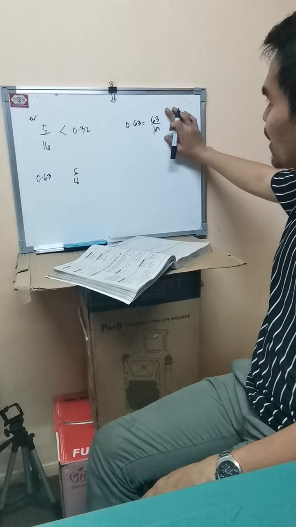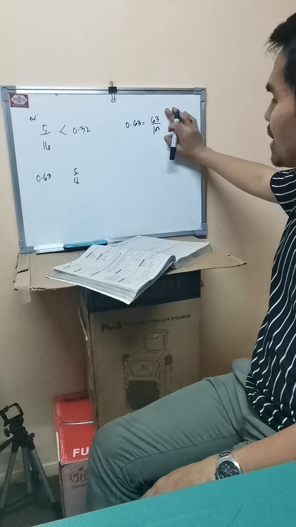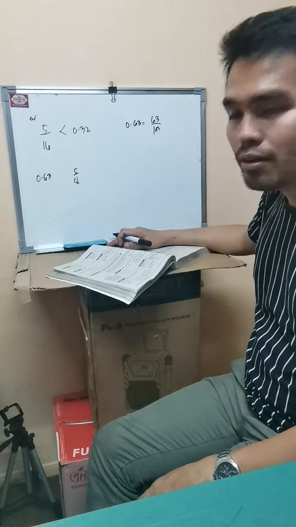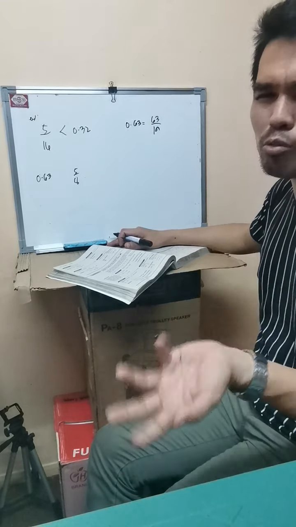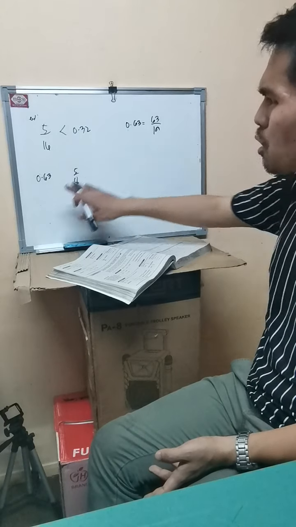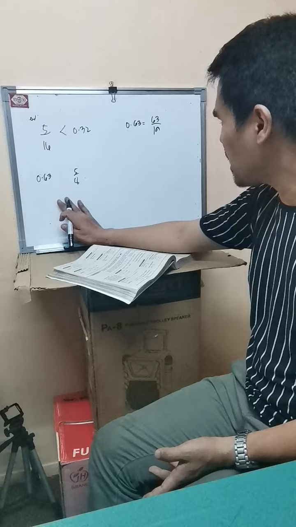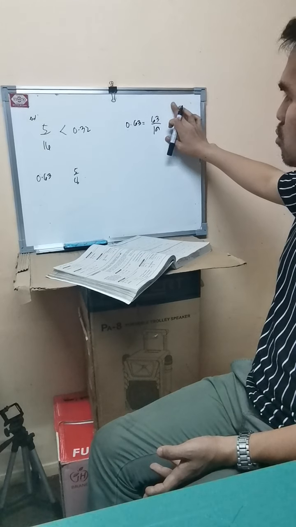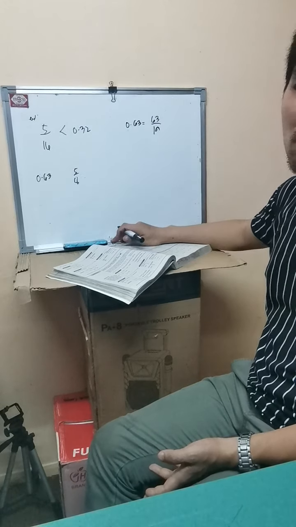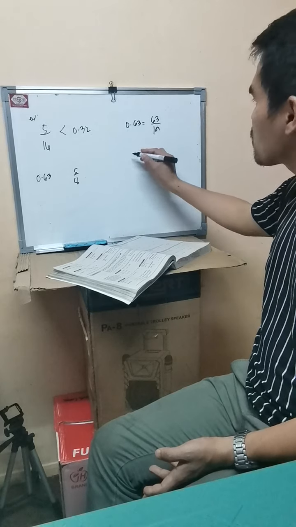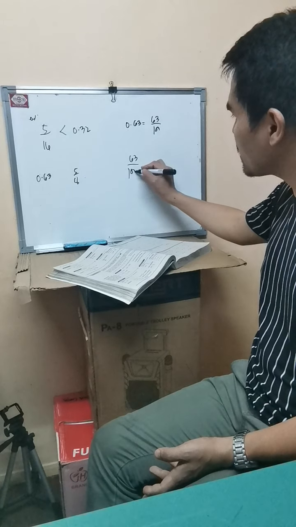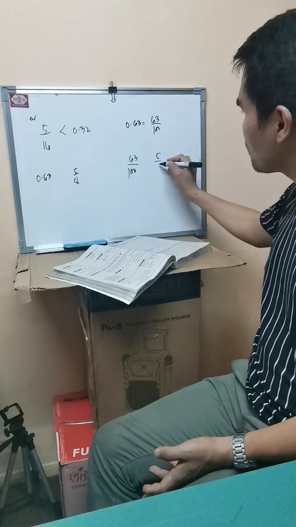Now, this is no longer reducible. Anyway, reducing to the lowest term is not really necessary, since our purpose is just to compare them. You just do the cross product and look for which fraction is greater. So we have 63/100 and 5/8.